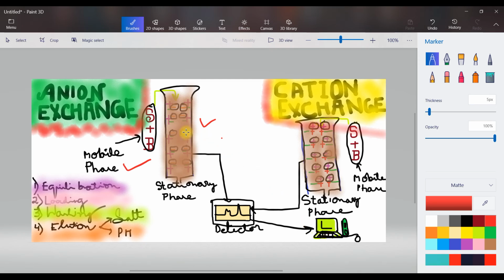So in anion exchange, the stationary phase resin is embedded with positively charged ions, which are further attached with negatively charged functional groups. So when the sample with the buffer is poured in this column, the sample with higher strength of negativity will replace these negative functional groups and will bind with these positive ions.